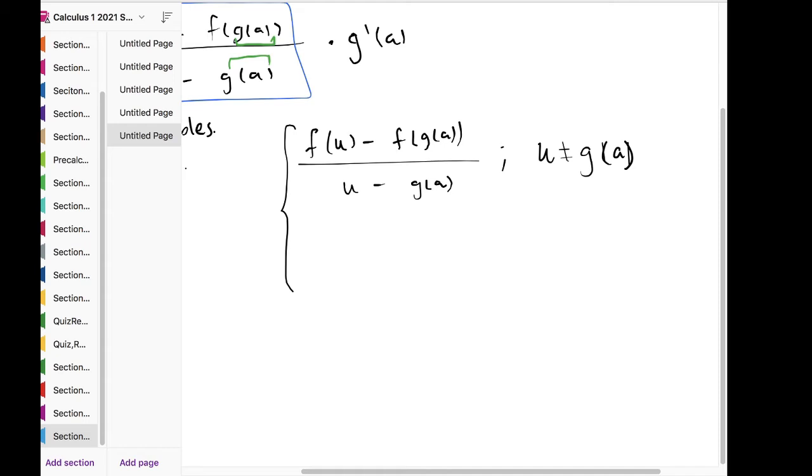Here, maybe let's use a different letter. Pretend u is x now. So this is what substitution is. I'm just using a new letter because x wasn't helpful. So I'm using a new variable u.